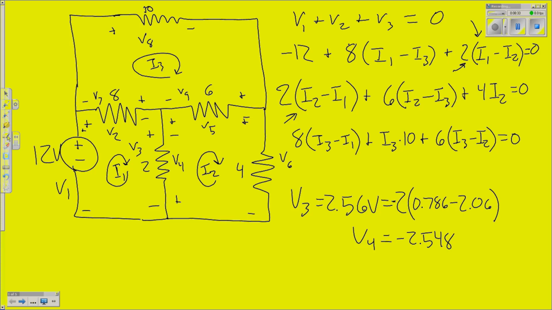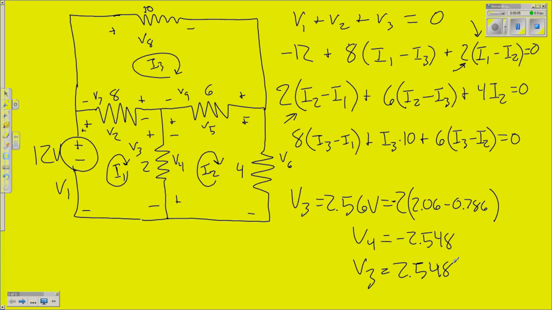V3 then is just going to be the opposite, right? So we take the same, so flip them, so I1 minus I2, 2.06 minus 0.786. And V3 is just equal to the opposite sign.